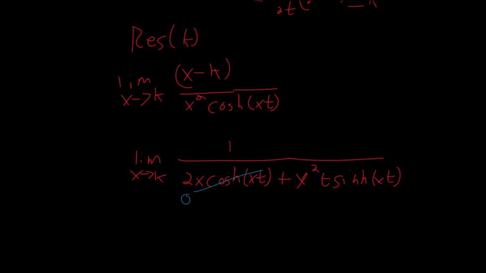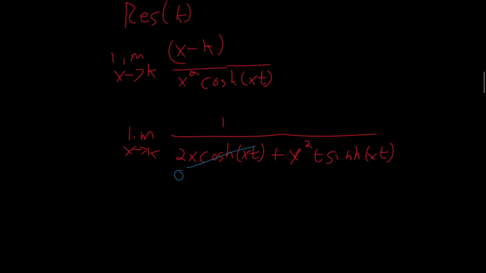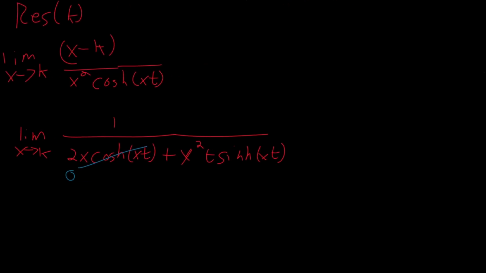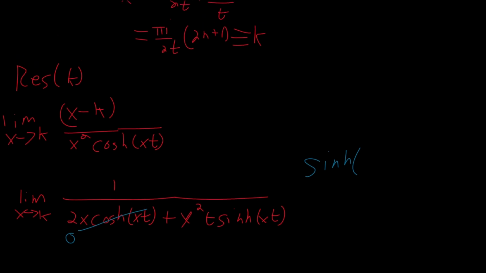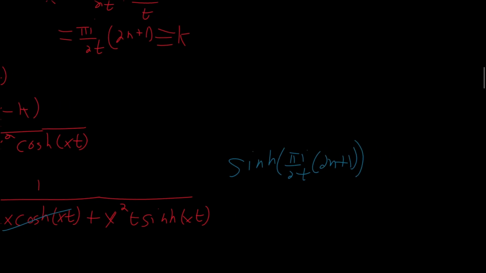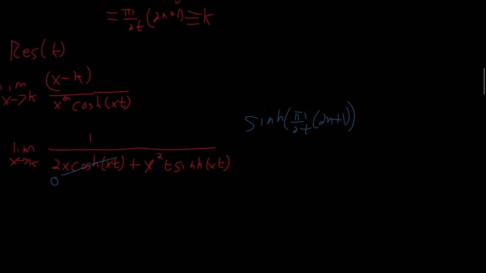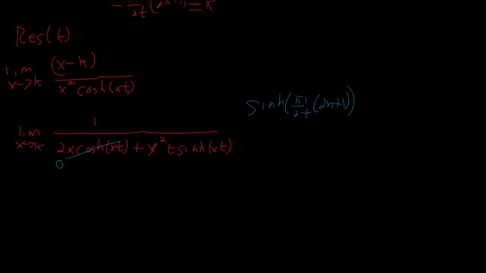So we just have a question of what on earth is hyperbolic sine of xt. We can find that out right now. Sinh of k, there's got to be a nice way to pronounce that, which, scrolling up, is just pi i over 2t times 2n plus 1. Let's write this out. I'm going to expand out a hyperbolic sine to really get at what this means.